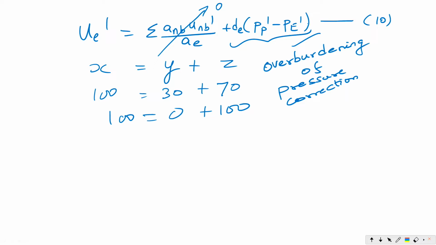So finally I will end up with ue prime equal to dE of pp prime minus pe prime. Similarly, what will be vn prime?